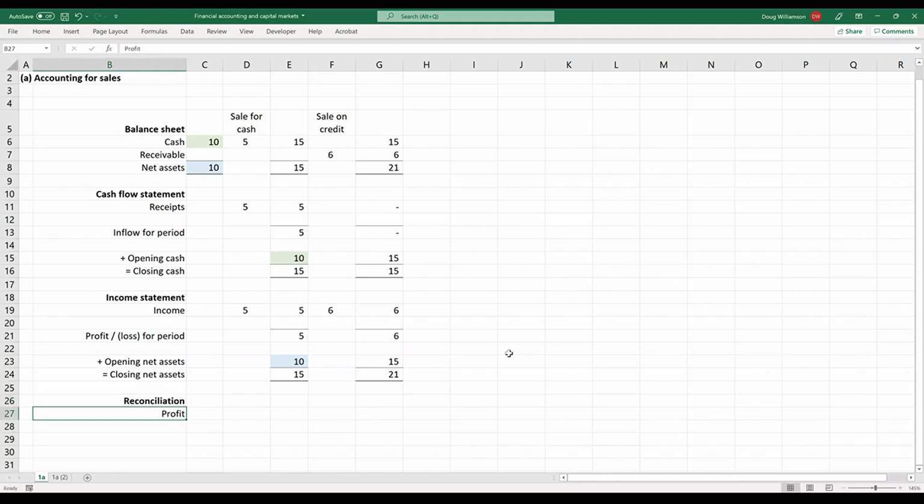All other things being equal, we would expect that the profit for the period, 5 in this case, would be the same as the cash inflow.